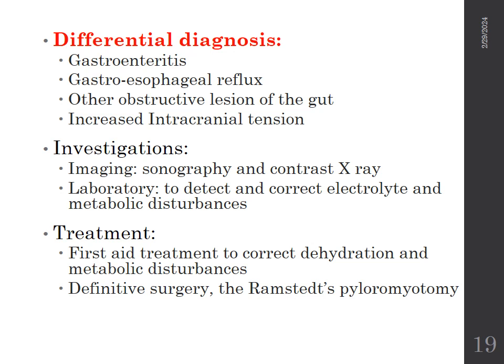This pre-operative management is extremely important, because we see very high pHs, 7.5, and they need to be corrected before entering surgery. The definitive surgery is a Ramstedt pyloromyotomy, and the prognosis is very good in these cases.